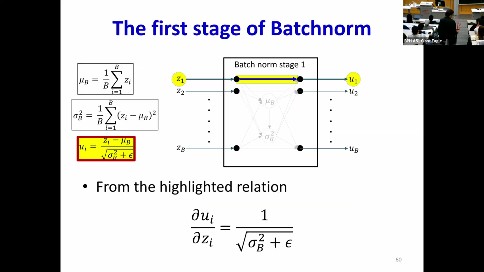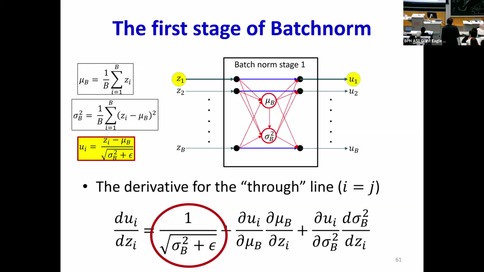This comes from the highlighted yellow equation, right? So let me write this here. Second term, what is du over d mu b? Can somebody help me? Himansh. Come on, look at the equation. I know you're jumping, you know the answer.